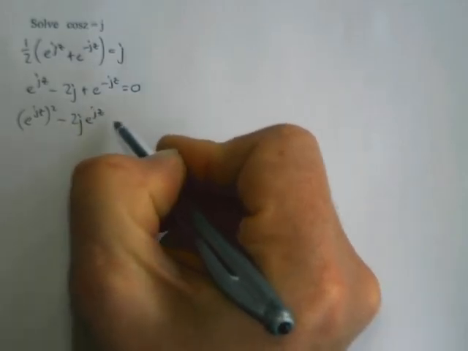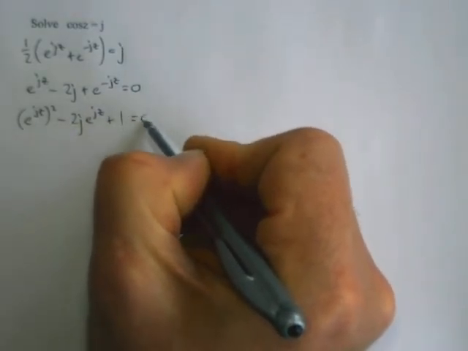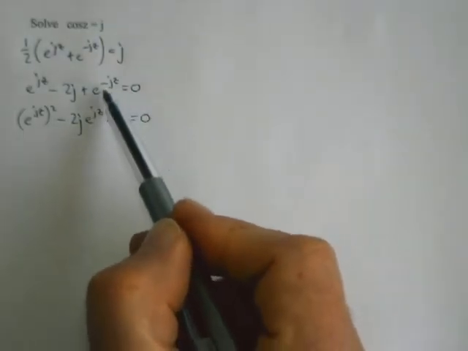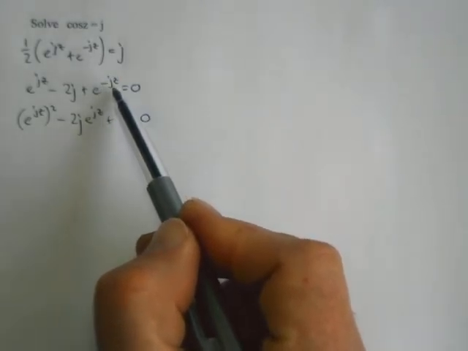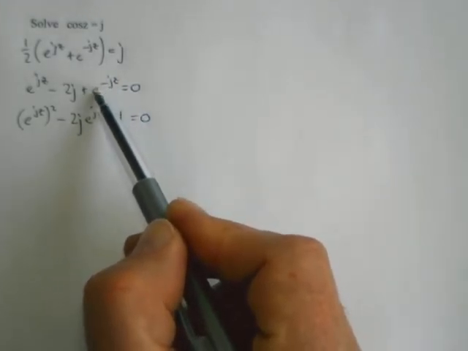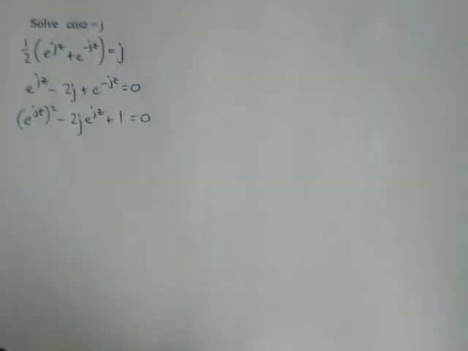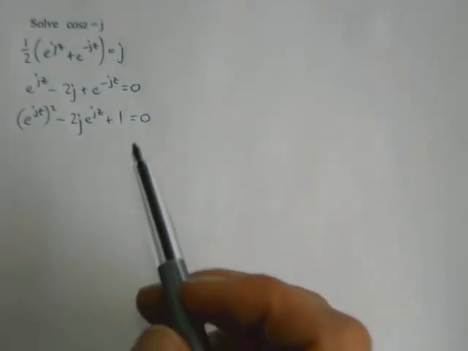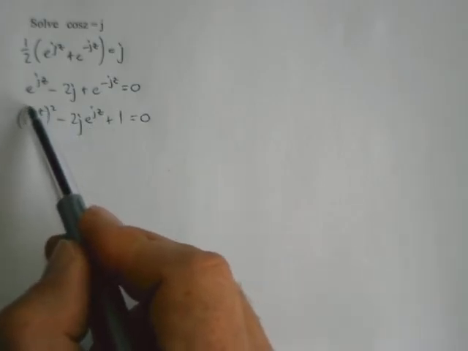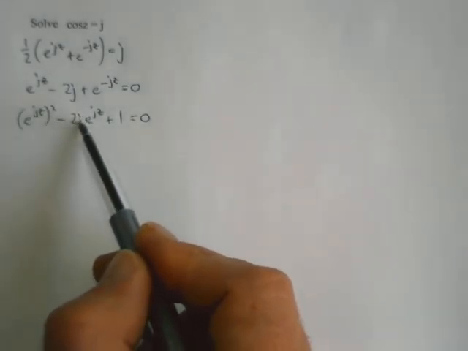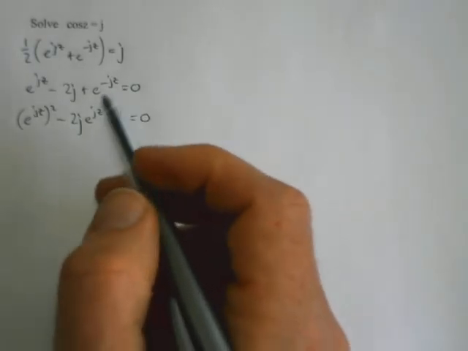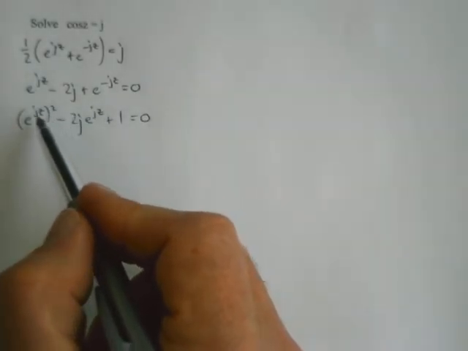Because for this one, e to the minus jz times e to the jz, you add the powers, gives you 0, and e to the power of 0 is just equal to 1. This is a quadratic in e to the jz, so it's like x squared minus 2jx plus 1. So effectively a is 1, b is negative 2j, and c is 1.